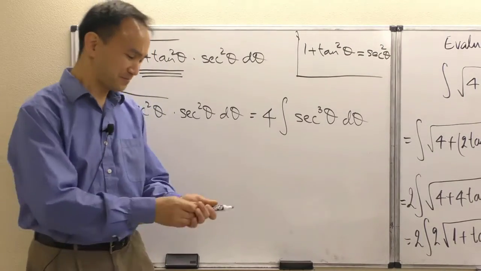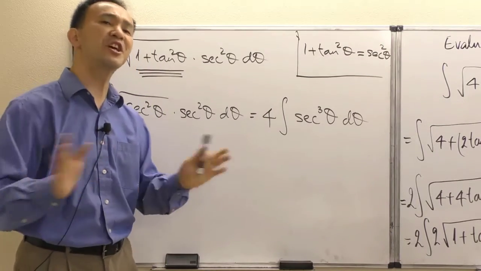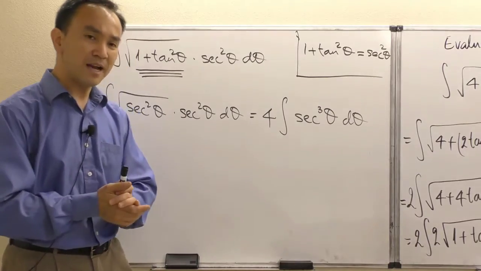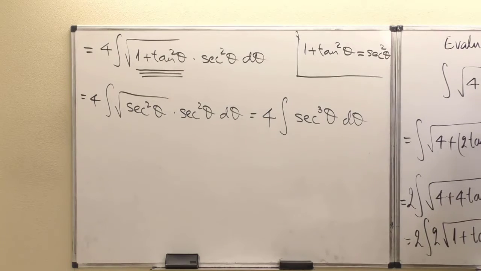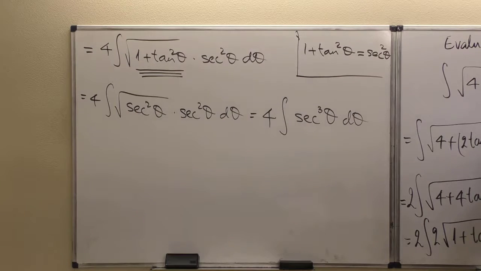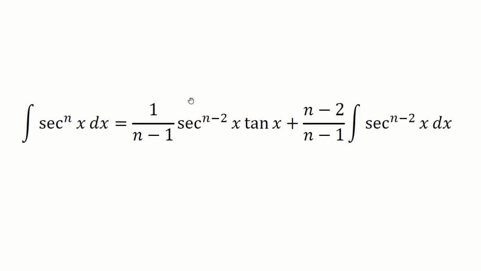Now, recall, I brought this up back in the days that we were doing integration by parts: we proved at some point before this lecture a reduction formula for our secant function.